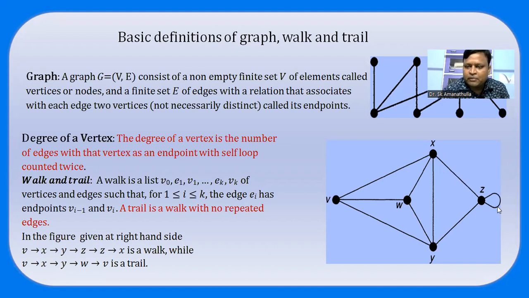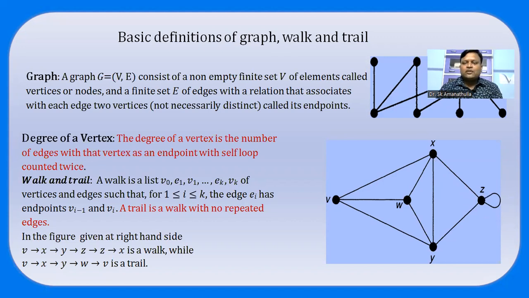Here in the vertex Z, there is a self loop. For that self loop, the degree is counted twice. So for the vertex X, the degree is 4 because there are 4 edges incident to that vertex. For the vertex Z, the degree is also 4 because 2 edges are there and one self loop, which is counted twice.